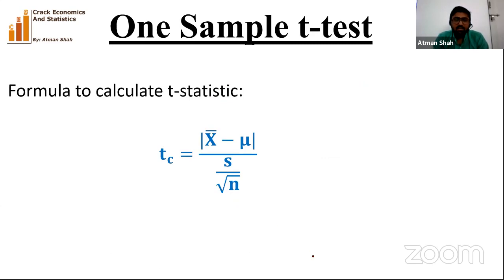Manually, we can calculate the t statistic for one sample t-test by using this formula.